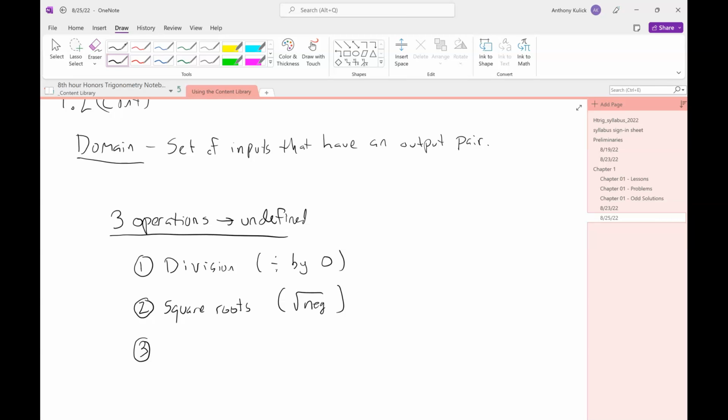What's the fuzziest topic from Algebra 2 in general for you guys? You don't know? It's got to be logs, right? Everybody's like, yeah, we did it. I don't really know what I did, though. That's the other one. So logs can also create something undefined.